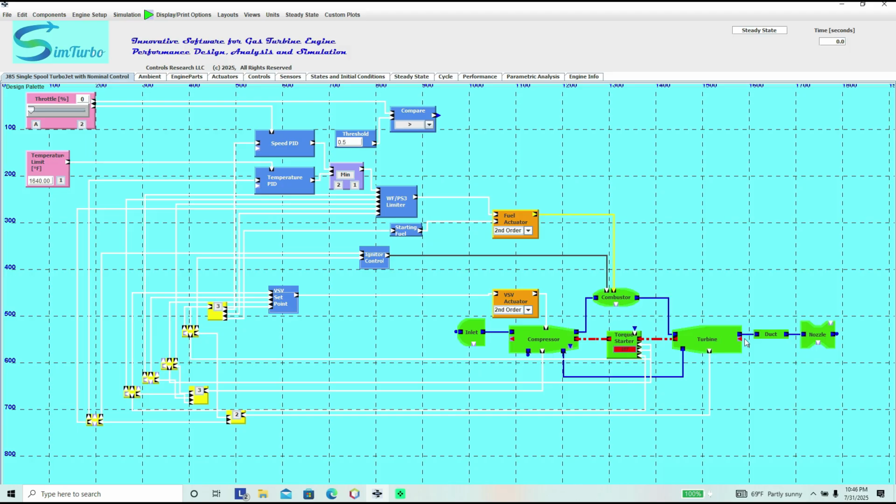And then this flow again goes from the turbine to the duct to the nozzle and produces thrust at the back end of the nozzle.